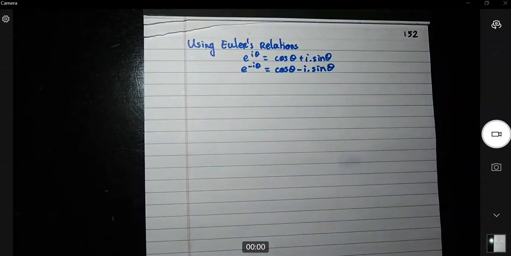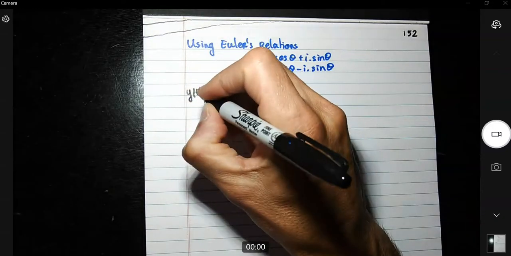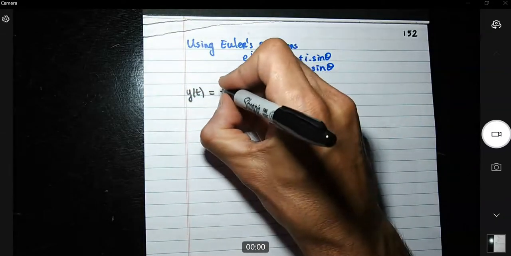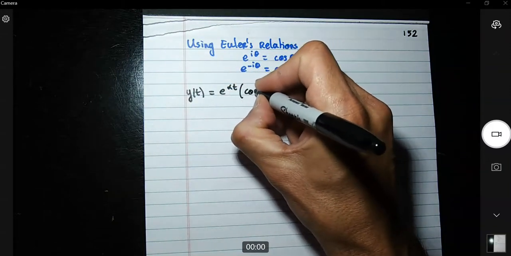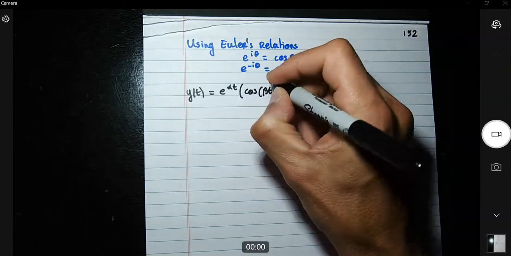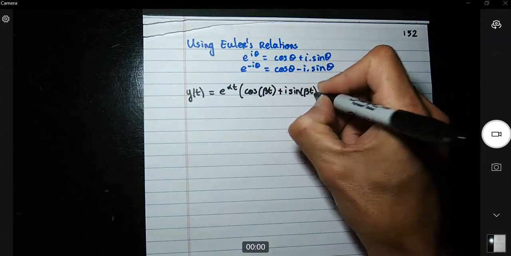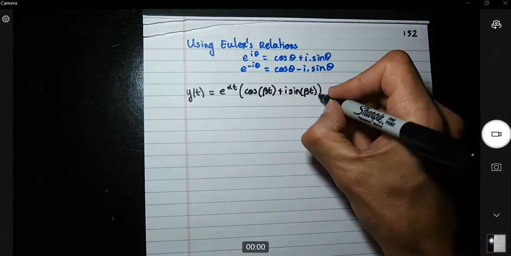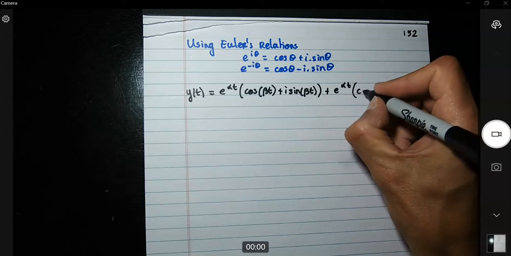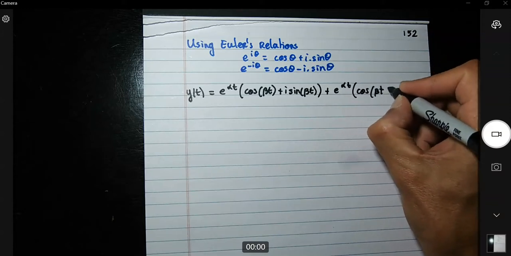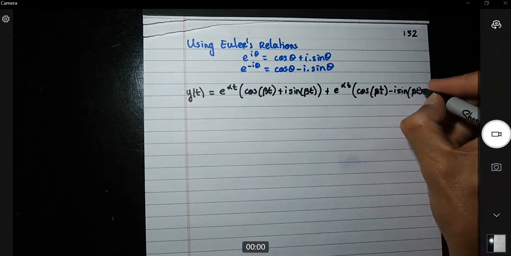Okay, so if I use these two expressions and rewrite this equation here, what do we have? I'm going to have y of t is equal to what? E to the alpha t of cosine beta t plus I sine beta t plus e to the alpha t cosine beta t minus I sine beta t.